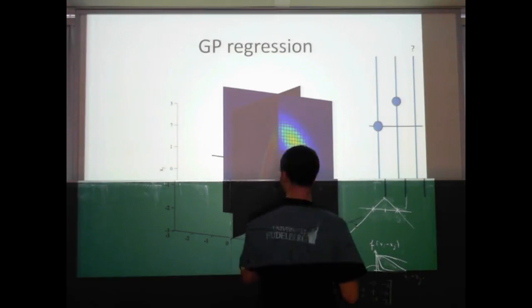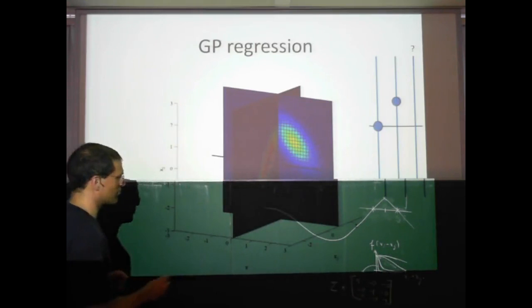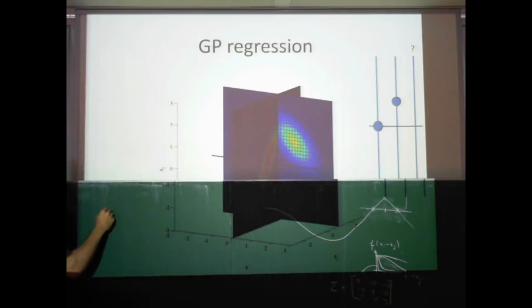You can produce very interesting effects. If you do the following, you can try that in your homework. Let's say you take 2 measurements which are close by, and you take a covariance function that's very smooth, like the RBF kernel with a big standard deviation.